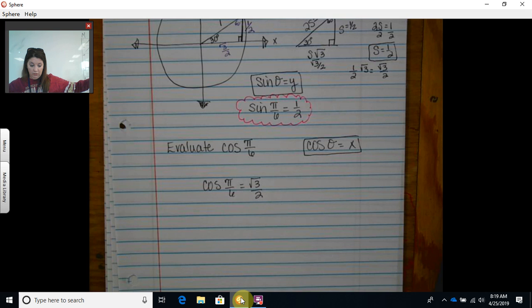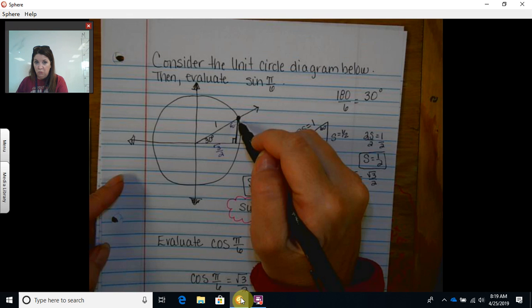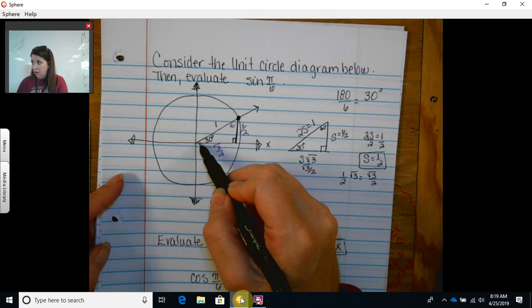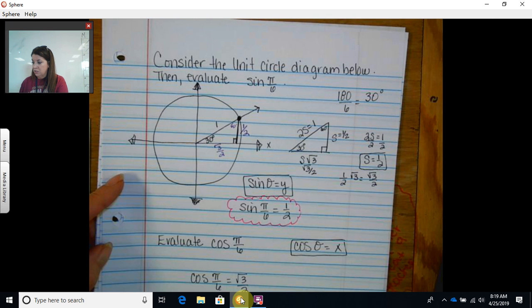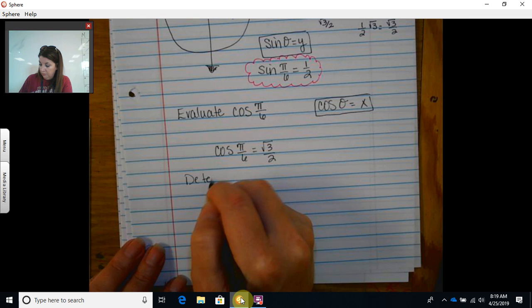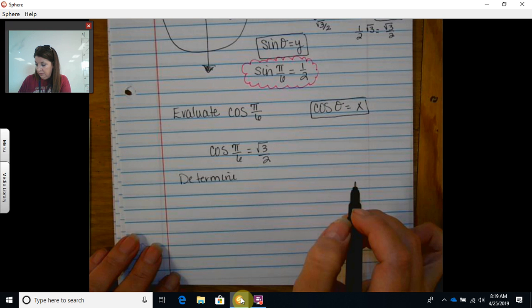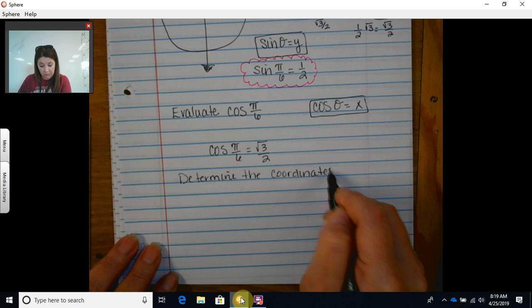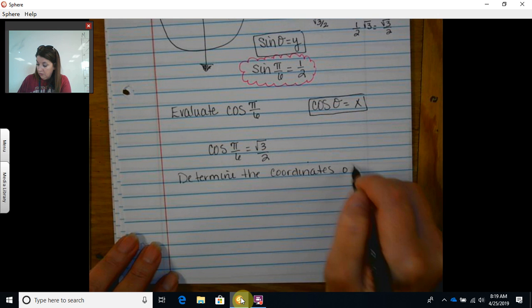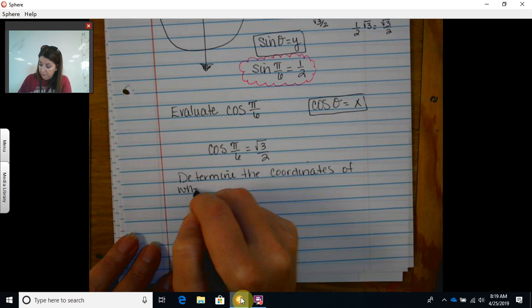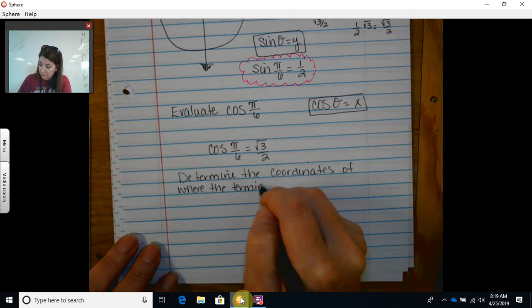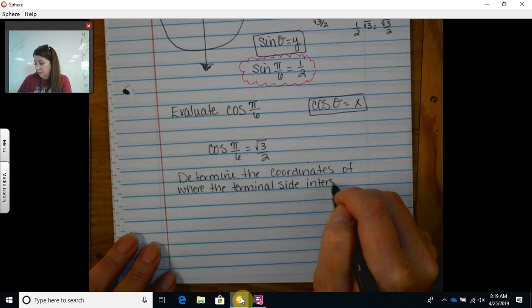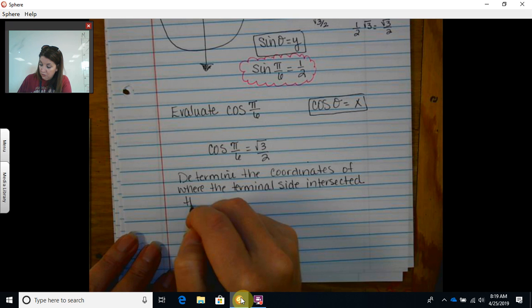All right, so can we also determine the coordinates of where our terminal side met the unit circle? What would that be? Exactly. So determine the coordinates of where the terminal side intersected the unit circle.